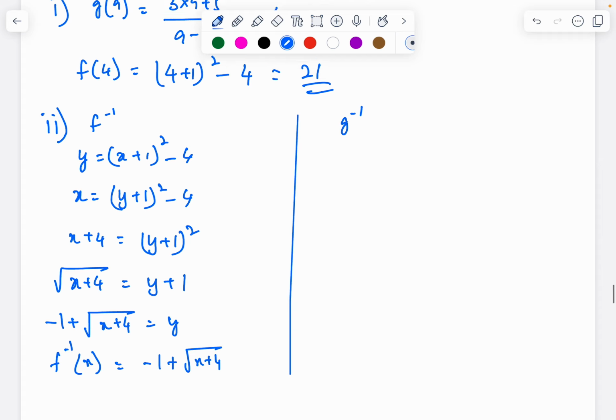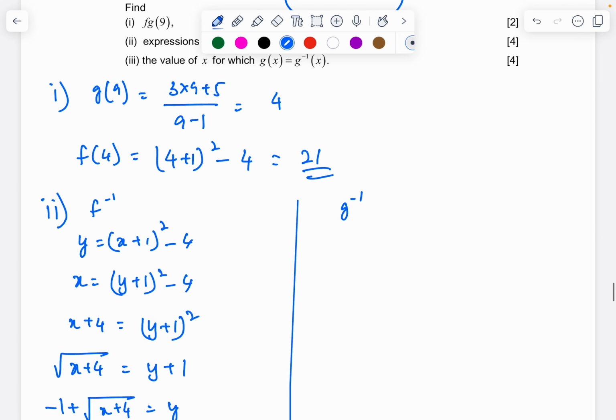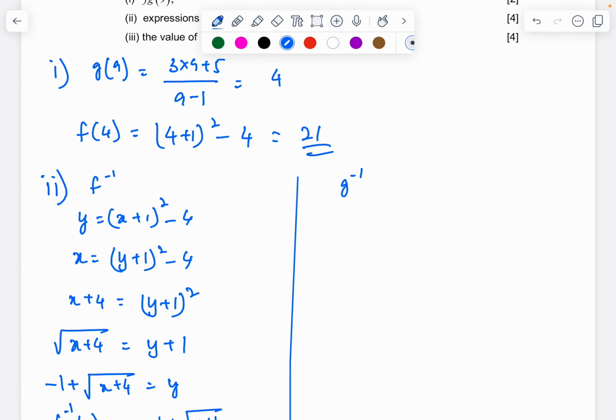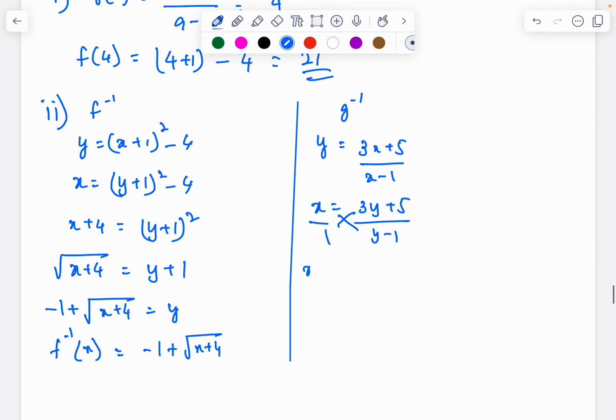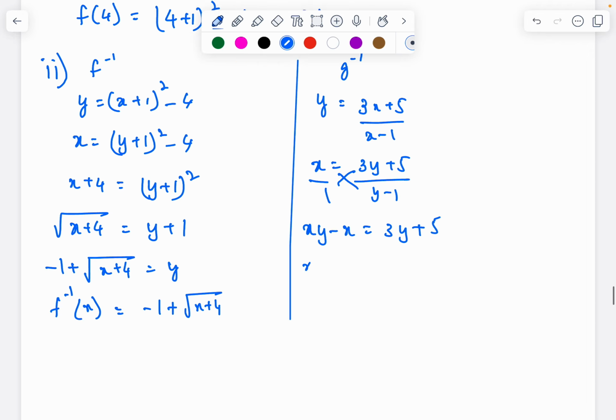Then g inverse. g inverse is what? y equal to 3x plus 5 over x minus 1. Let us swap. x equal to 3y plus 5 over y minus 1. Cross multiply. xy minus x equal to 3y plus 5. Put all the y terms together.